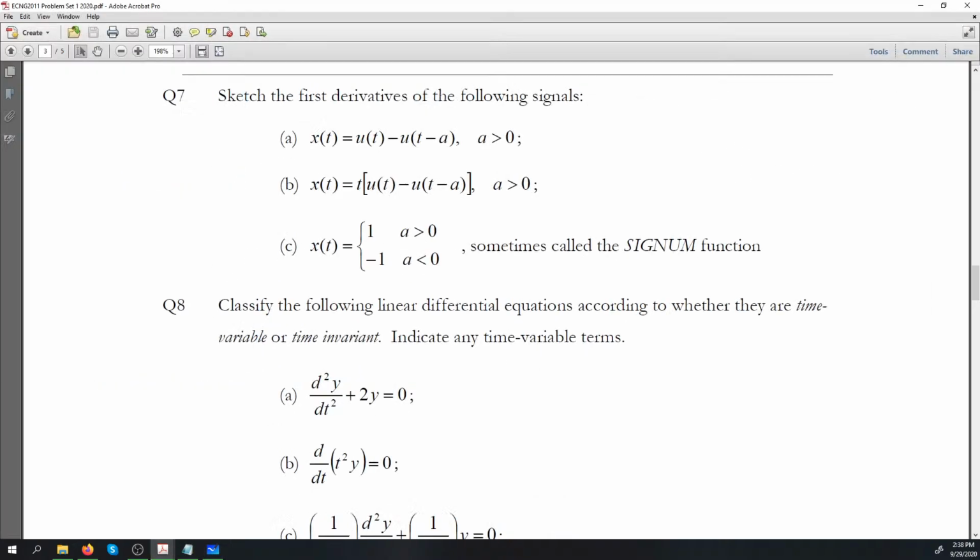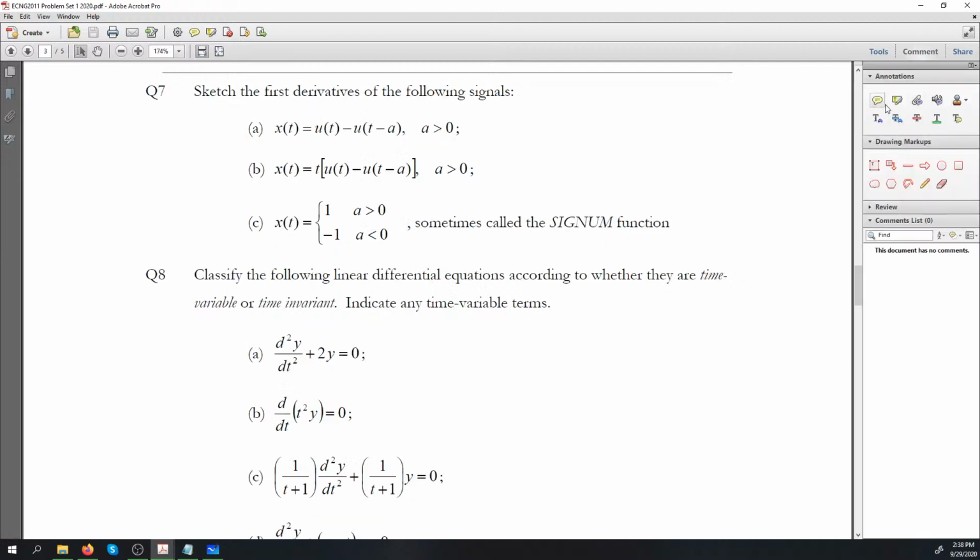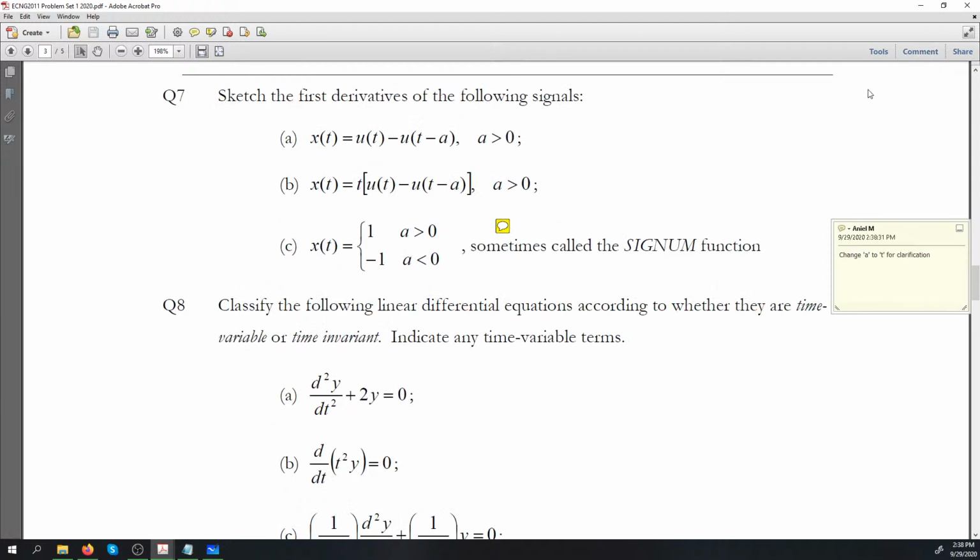So I believe, yes, there was a problem here. This is actually supposed to be t, not a. So that's the problem with this question in particular. So I'll change this accordingly on the problem set. Change a to t, clarification. Right, so that way I know to change that accordingly when I put up the revised problem set. Yes, so a here actually needs to be t, because we're talking about with respect to x of t.